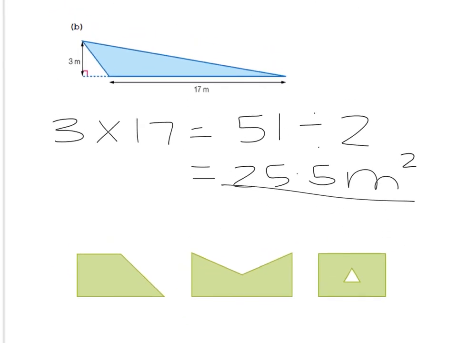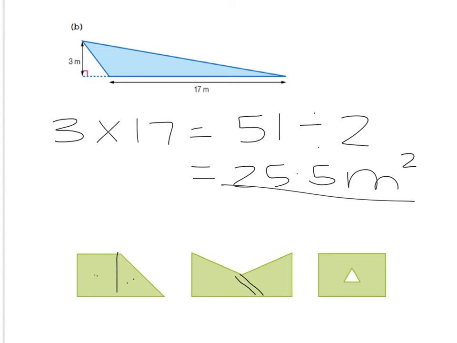So now we're going to look at these, which are called composites. Now, if you look at these shapes, they look odd, but they're made up of different shapes, so you could actually say, all right, I could pull that down there, and that would be a square and a triangle. And you know how to work out a square, and you know how to work out a triangle, so you would work those out.